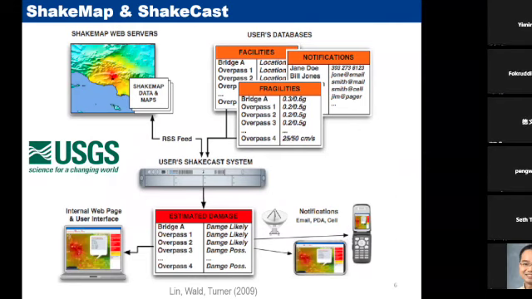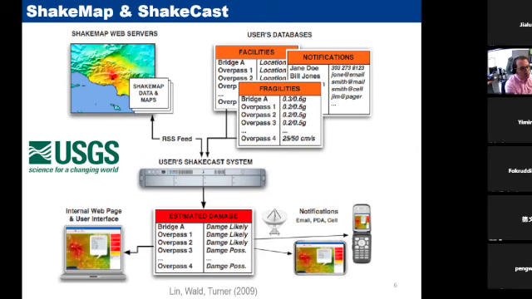The USGS has two tools. One is called ShakeMap, and another one is ShakeCast. ShakeMap collects the earthquake data and publishes it in near real time on their website. So we can get data like the intensity of the earthquake and potential damages and losses.